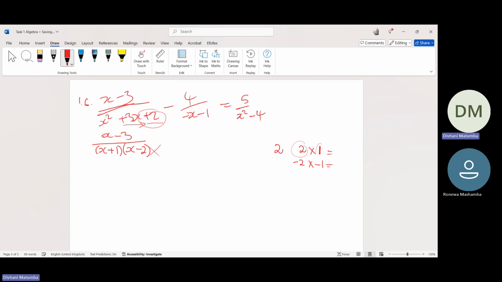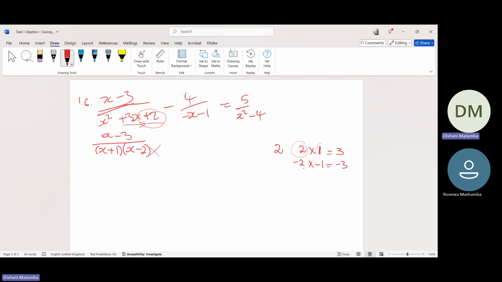Which ones are those? Let's see. 2 plus 1 is what? 3. You agree? Minus 2 minus 1 will give us minus 3.